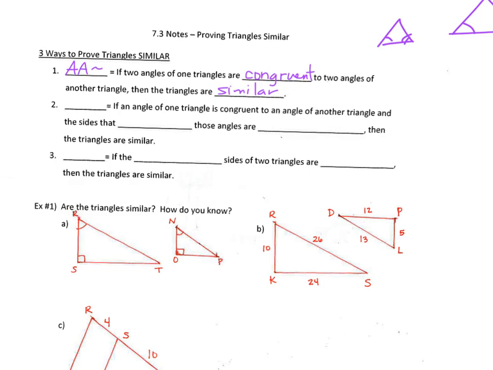The second one you did do with triangle congruence, it's SAS similarity. So you should understand how this one works, but it's not congruent sides like it was with congruence. Now it's proportional sides. So if an angle of one triangle is congruent to an angle of another triangle, okay, so the angles will be congruent, right?